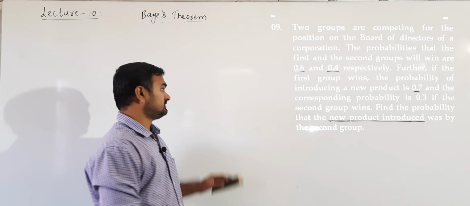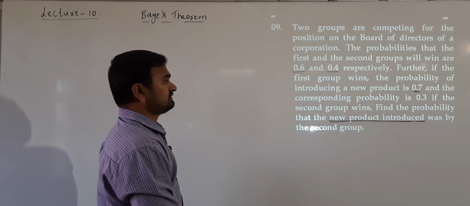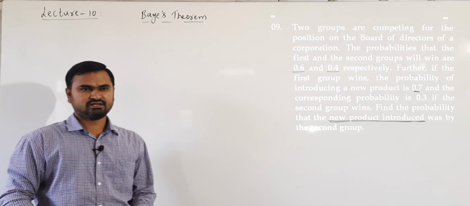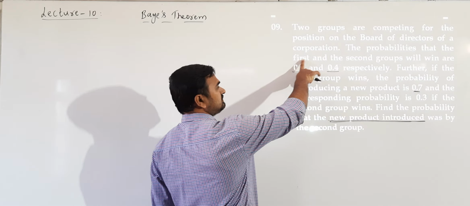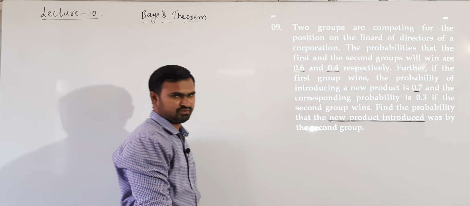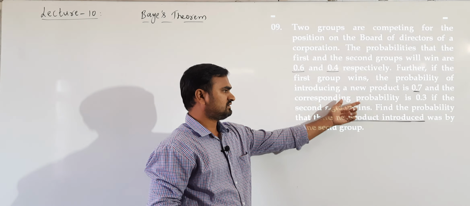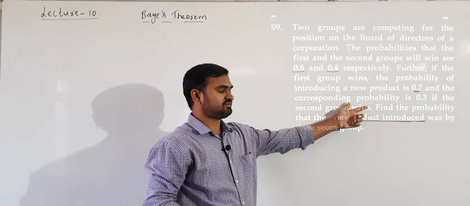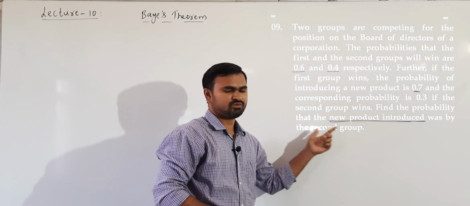Okay, so let us define the notations first. What are the two events that can occur here? One is winning by the first group, the other is winning by the second group. If the first group wins, what is the chance of introduction of the new product? If the second group wins, what is the chance of introduction of the new product? We will write these notations and then write the total probability.